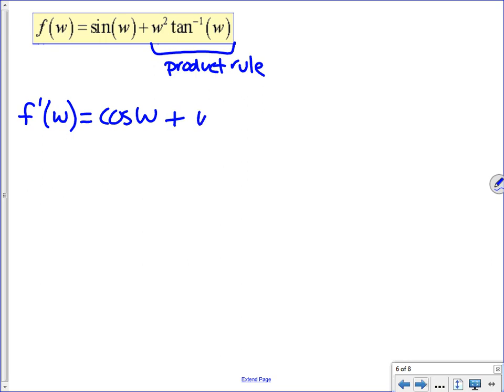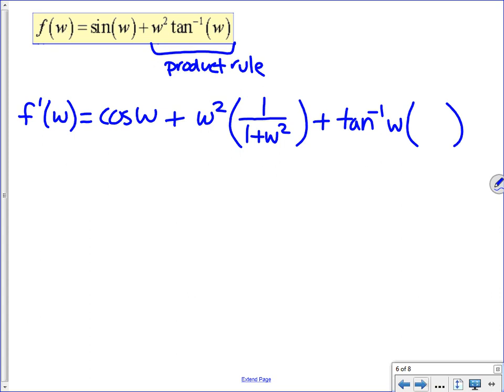So we'll do first times derivative of the second. The derivative of inverse tangent of w would be 1 over 1 plus w squared. Plus second times derivative of the first. The derivative of w squared is 2w.